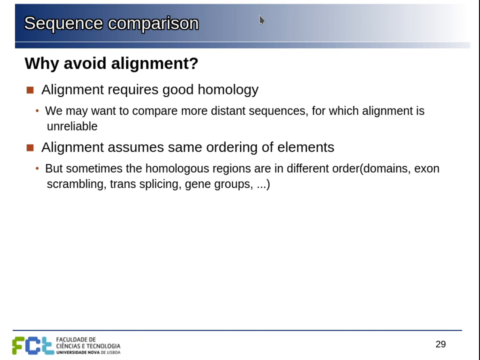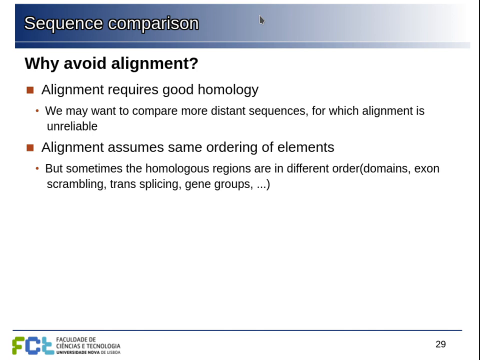It also assumes, when you do the alignment between two sequences, that you have the elements in the same order, because you cannot go back and switch the order of parts of the sequences. So you align first two parts and then you cannot align one part that comes next in one sequence with another part that comes before in the other sequence, because you cannot do those kinds of loops on the sequences. But sometimes this does not happen.